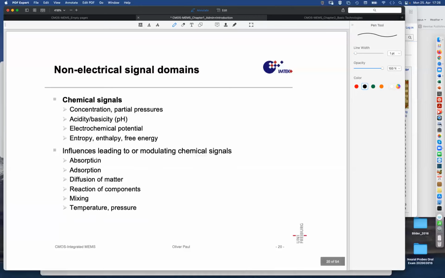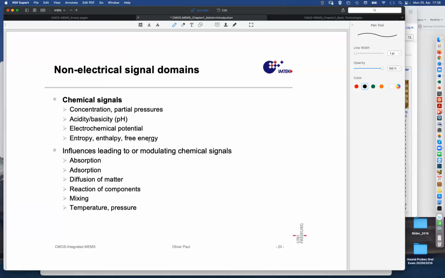You have also chemical signals, concentrations, partial pressures, acidity. So this would be some ionic concentrations or electrochemical potentials. That would be some thermodynamically averaged properties of particle energies. We have also entropy, enthalpy, free energy.